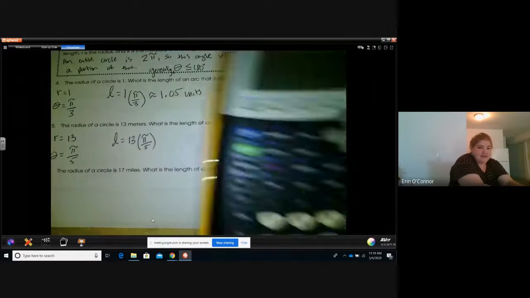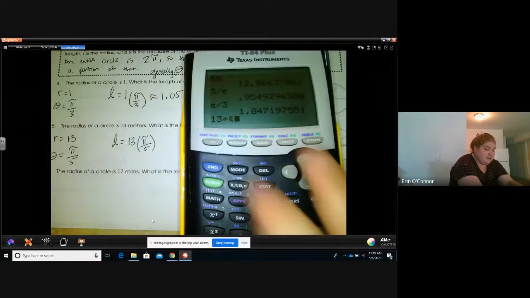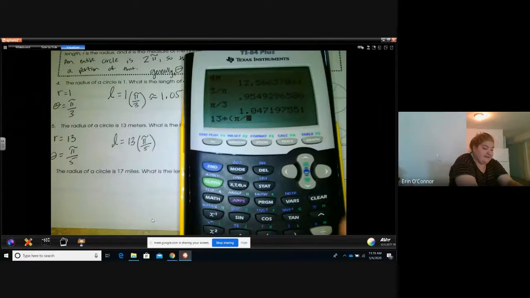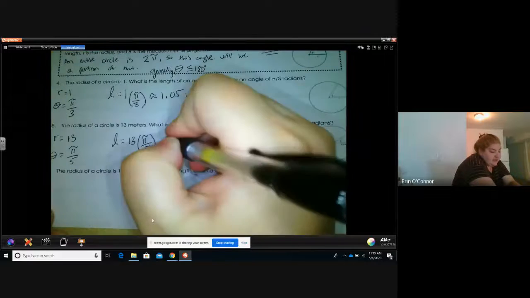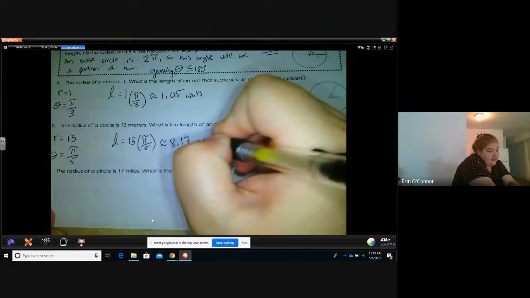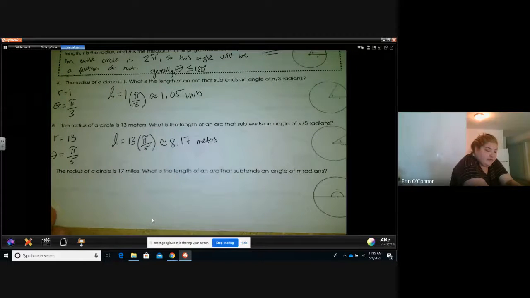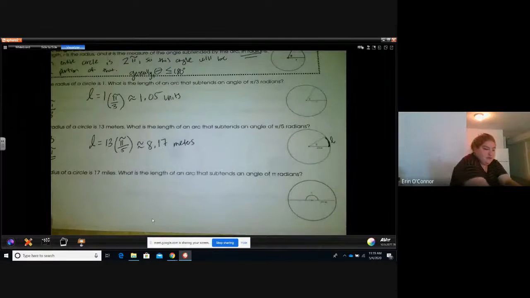So as we put that into our calculators, we have 13 times pi divided by 5, and I generally write it in the calculator just like it's written on the paper, and we get approximately 8.17 meters. And again, we're finding this length right here, so that's the length right there. Before we found this length right here.